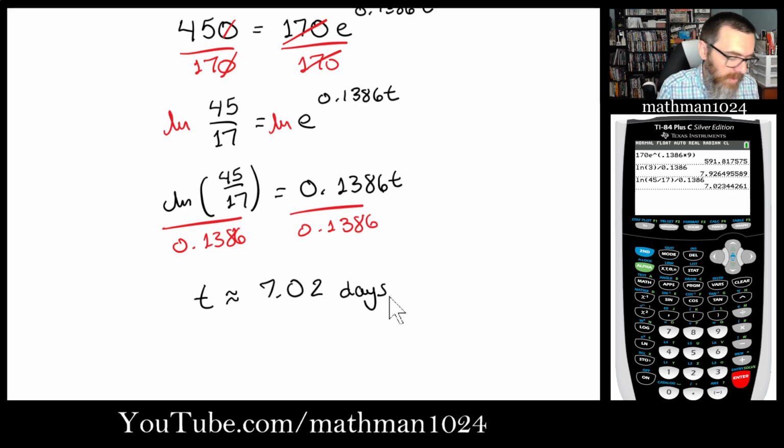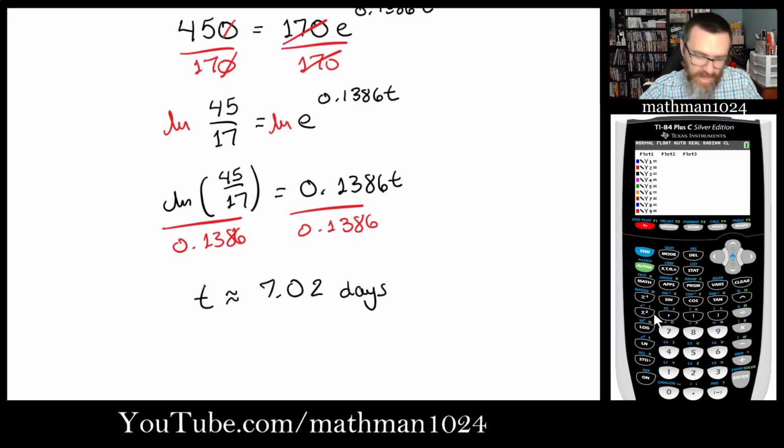All right, so that's the algebra telling us what it is. But let's check with the graphing calculator. So we have here 170 e to the 0.1386 t or x. And then we want to know, when does this equal 450?